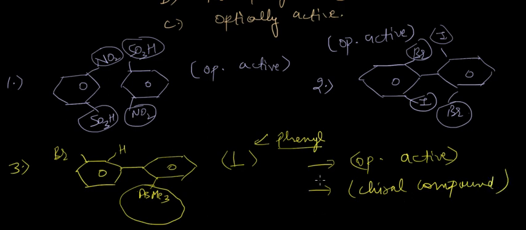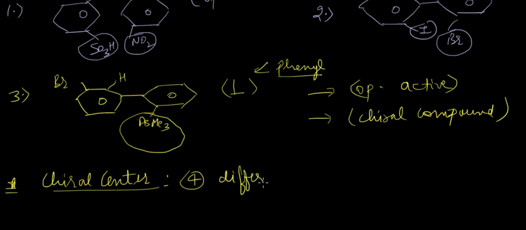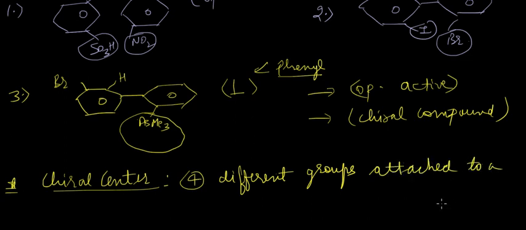Okay, so just remember that achiral compounds are symmetric compounds and they have POS and COS. And the definition of chiral center is simply four different groups attached to an atom. So just repeating again, a chiral center is nothing but four different groups attached to an atom.